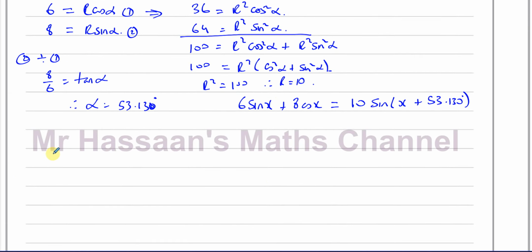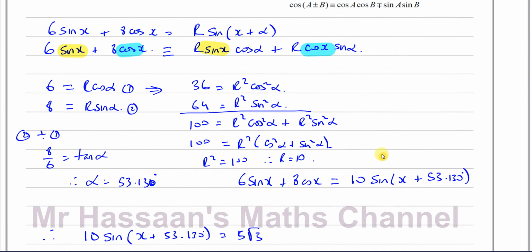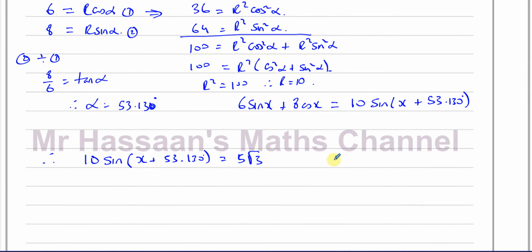So the solution to our equation will be when 10 times sine of x plus 53.130 is equal to 5 times root 3. That's the equation that we're solving between the limits of 0 and 360. So we've got x between 0 and 360 degrees.